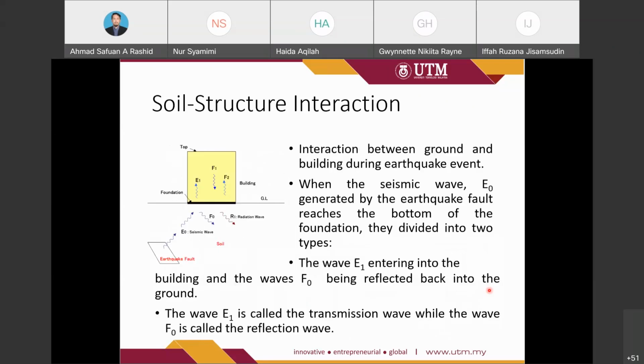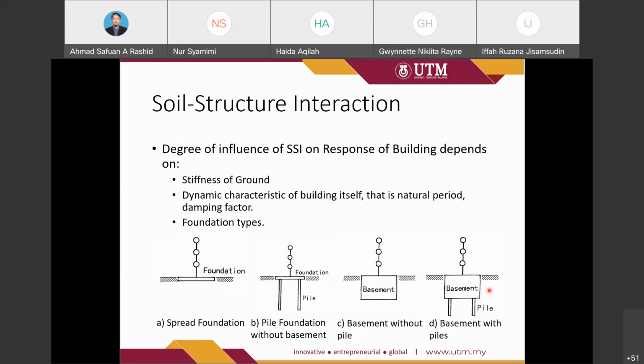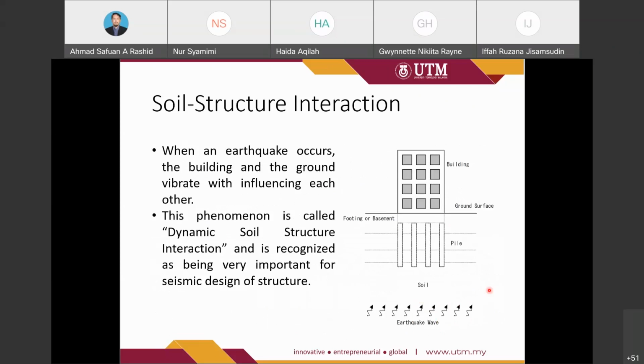So we may relate this with the event of the earthquake from this diagram.